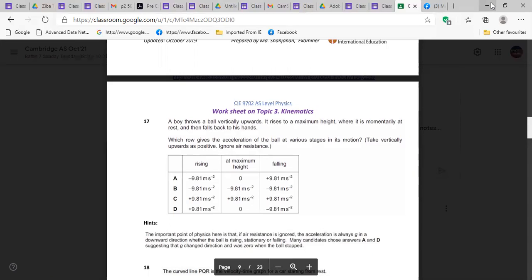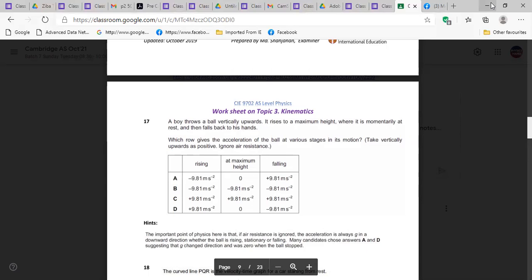What is changing? The speed is changing, right? When you throw anything upwards and it reaches maximum height, the speed becomes zero. But the acceleration due to gravity does not change.